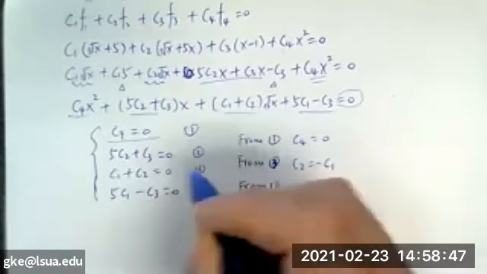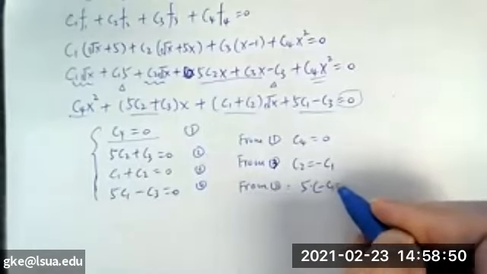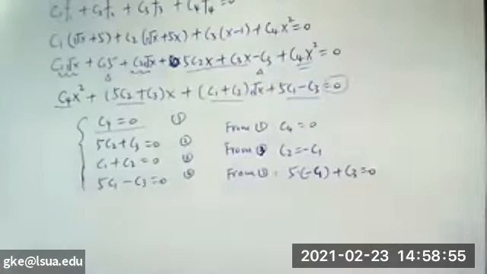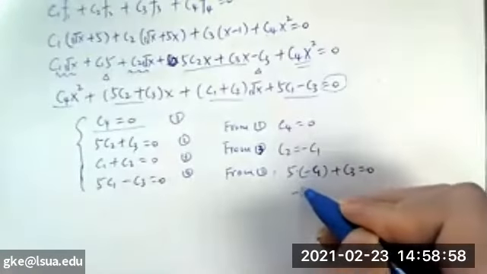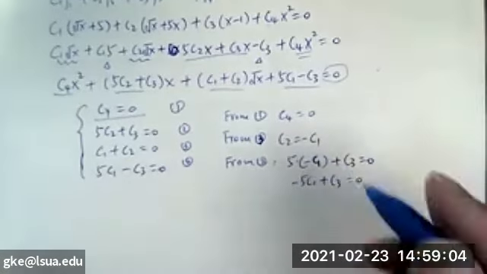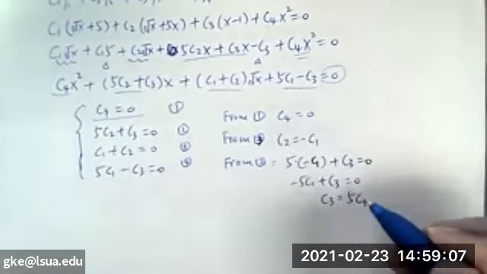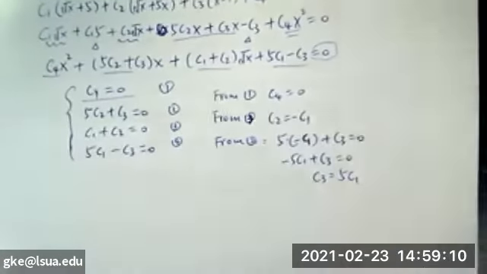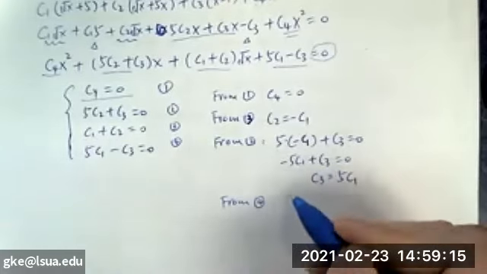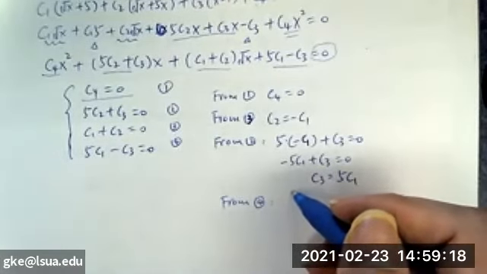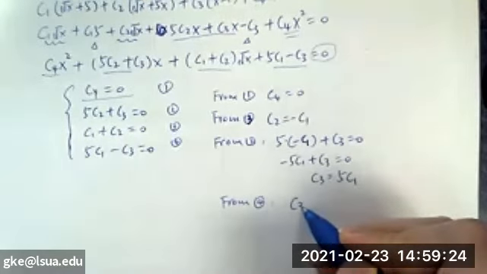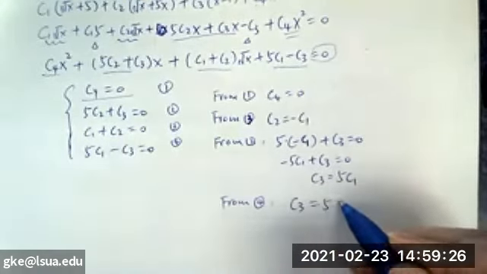We plug negative C1 in for C2 in the 5C2 term, and you find negative 5C1 plus C3 equals 0, so C3 equals 5C1. And from equation 4, we can see C3 equals 5C1.